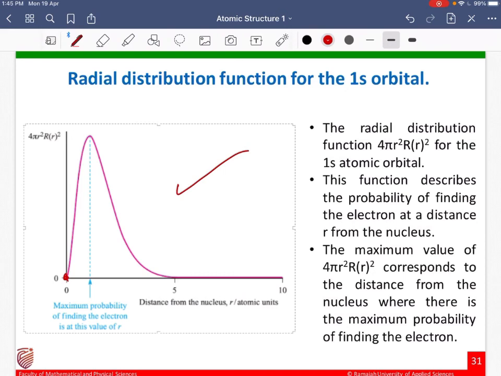The difference arises from the dependence of the radial distribution function upon r. At the nucleus, r is 0, so 4 pi r square R R square must be equal to 0. So at the nucleus r value is 0, so 4 pi r square will become 0, and the total value of 4 pi r square R R square will become 0.